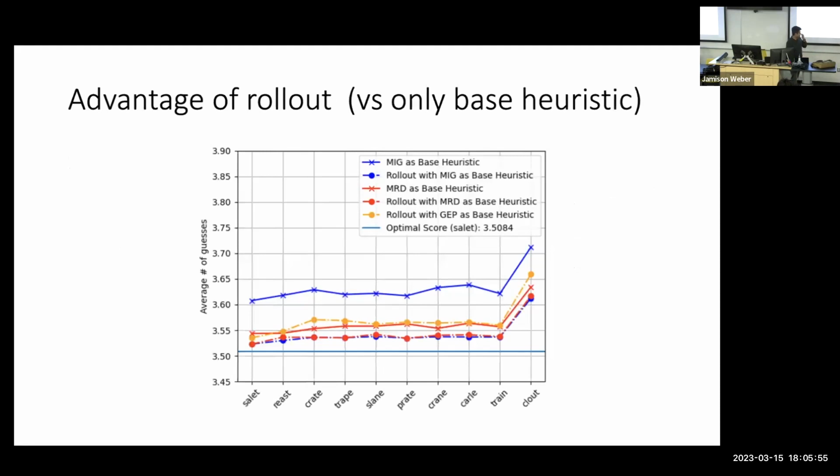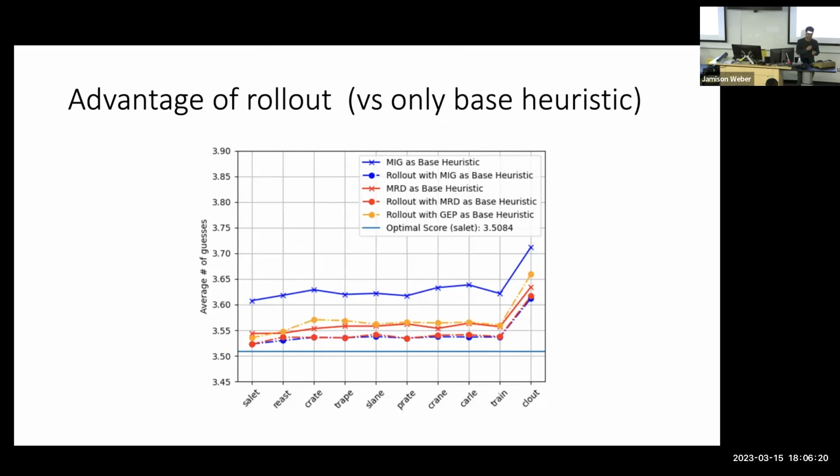Another interesting point is we actually experimented with 2 more heuristics. One was called the MRD, the most rapid decrease base policy. And the other one was greatest expected probability. I'll give a gist of what they are before explaining this figure. The most rapid decrease algorithm says that if you're playing a word, you would lead to a certain set of possible words that could be the answer.